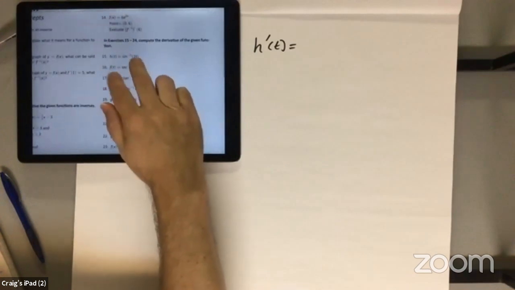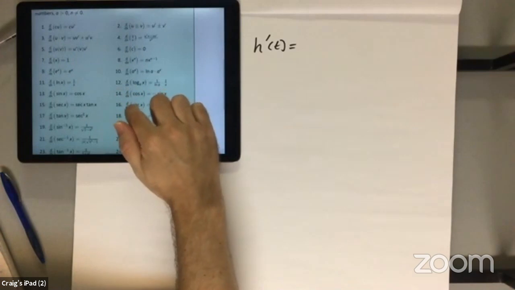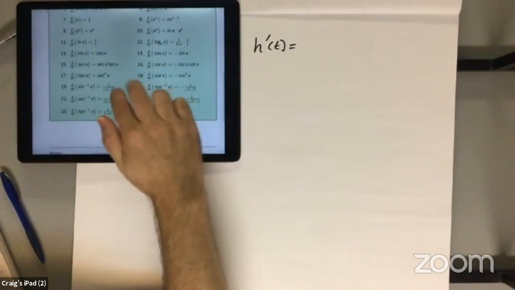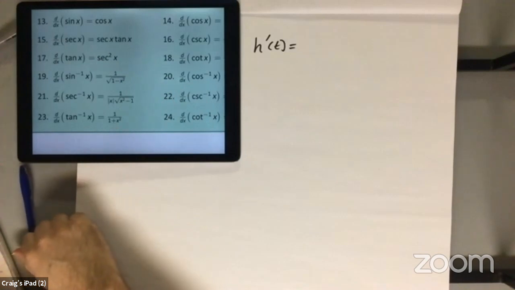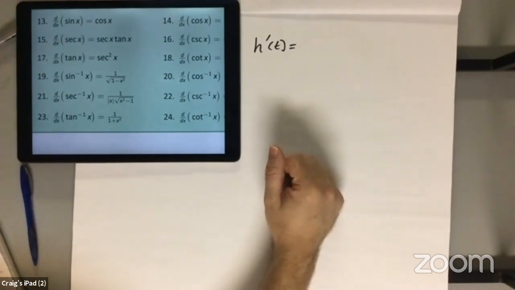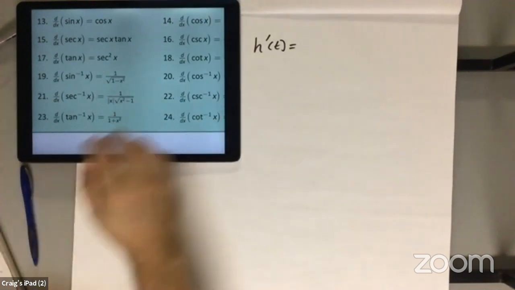So I need to know how to differentiate the inverse sine. We learned that in this section; it's formula number 19. Formula number 19 says that when I take the inverse sine's derivative, we get 1 over the square root of 1 minus x squared.